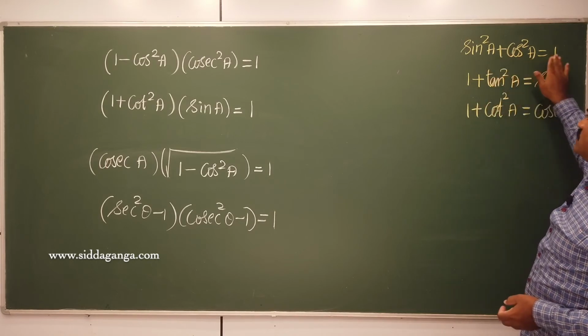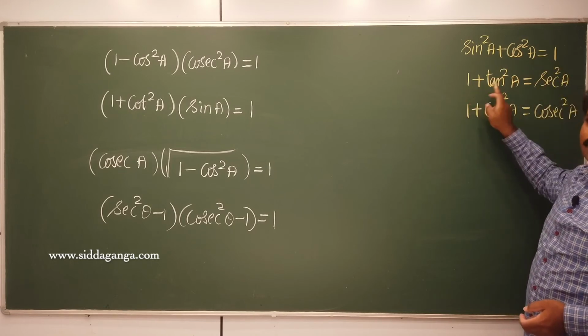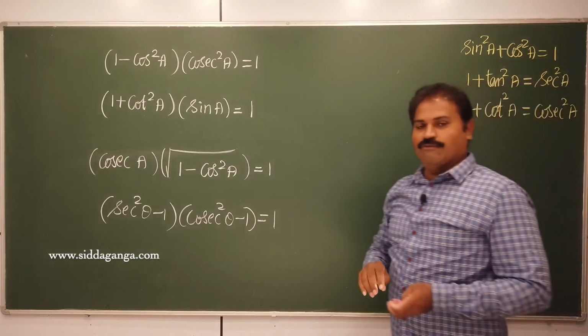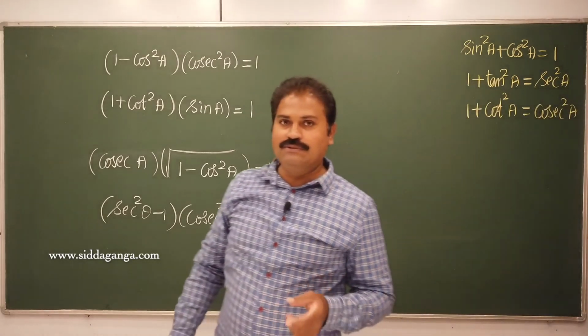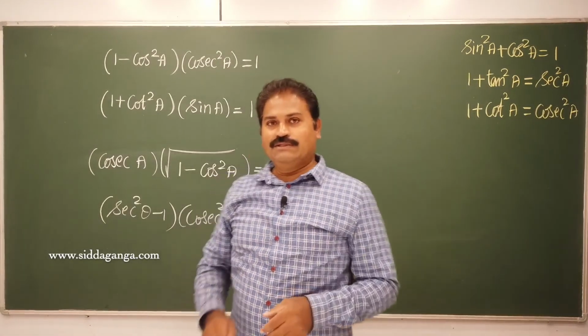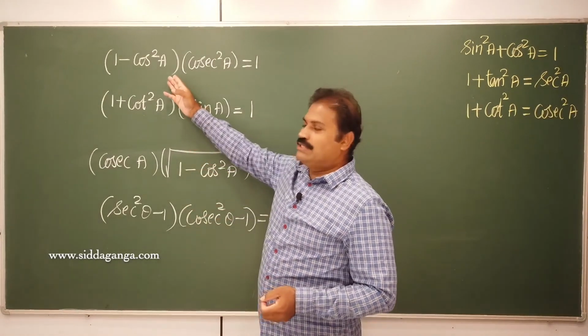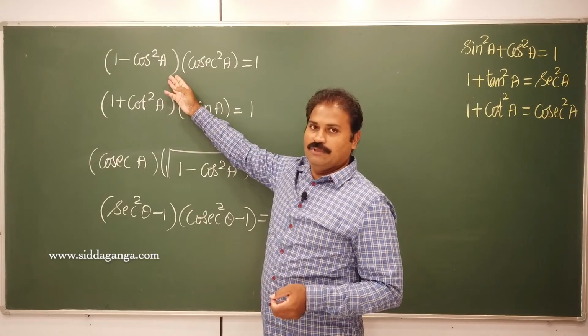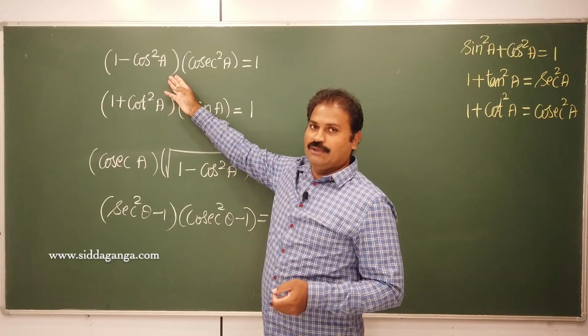Sin square A plus cos square A is equal to 1. 1 plus tan square A is equal to secant square A. 1 plus cot square A is equal to cosecant square A. So just find out which suits this problem and what identity you can use here.